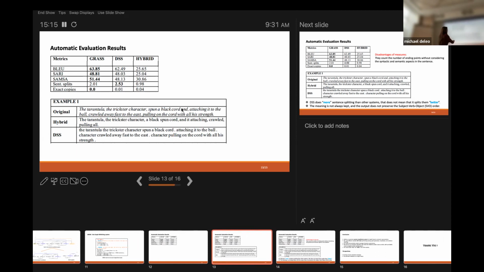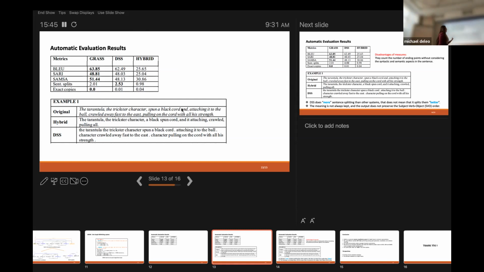But here, if we look, we have too many points. So the DSS graphs is our system. The DSS system, the system which we are compared to, splits everywhere. So it splits more, but it does not mean that it splits better. The splitting point should be before "and". So here it splits just to split.